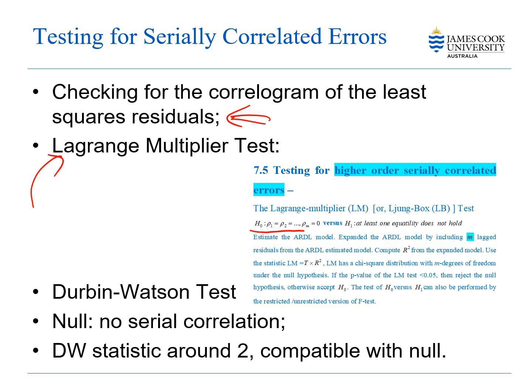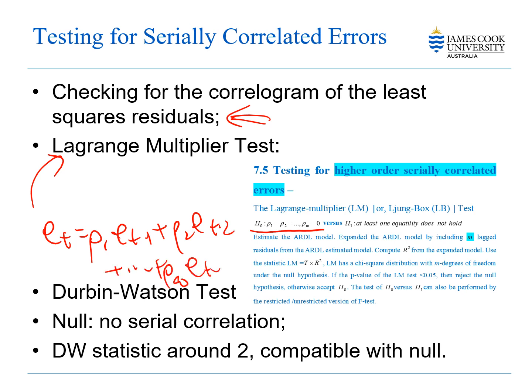So now, basically, for the error term we're testing: et equals rho 1 et minus 1 plus rho 2 et minus 2 plus up to rho q et minus q plus nu t. We estimate this equation. The error terms we don't observe, but luckily we can predict them.